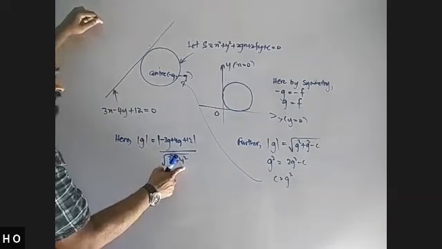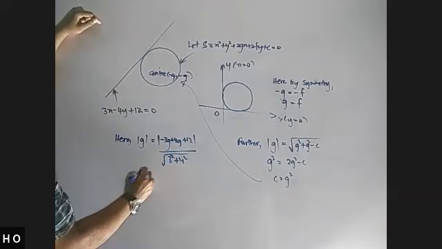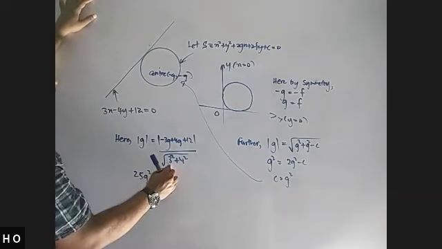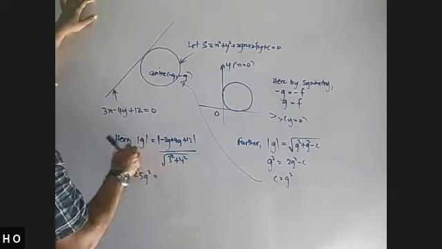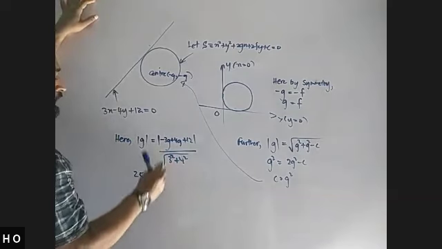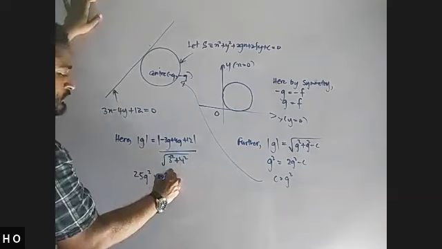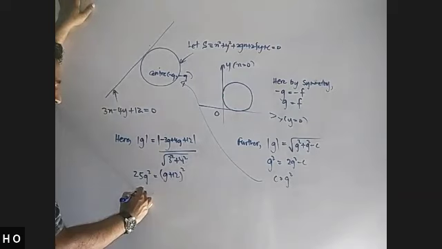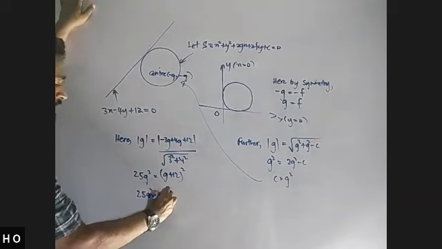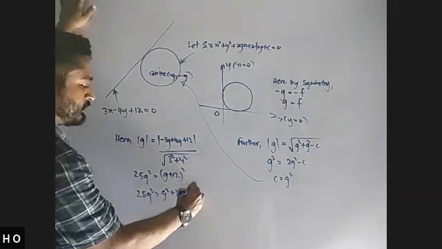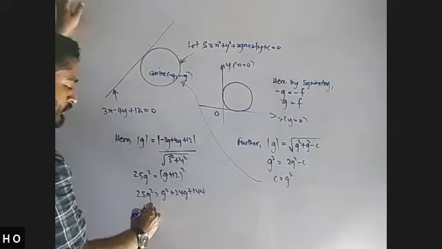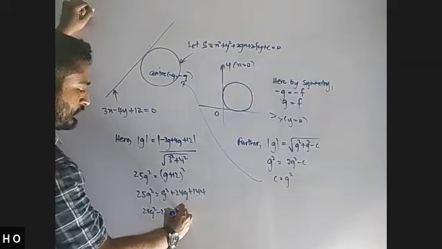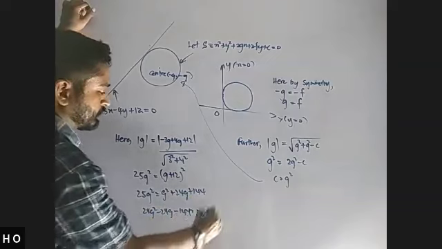The square root is 5, so 25 g squared equals, here you have (g plus 12) squared. So 25 g squared equals g squared plus 24g plus 144. There, 24 g squared minus 24g minus 144 equals 0.